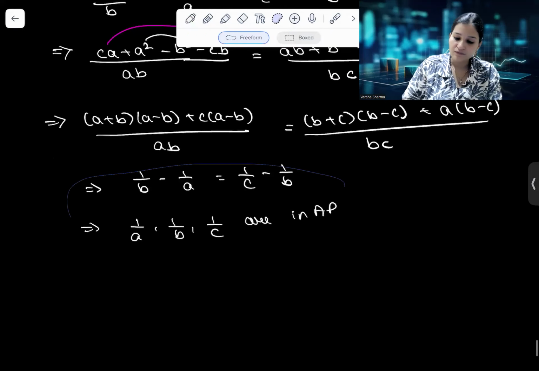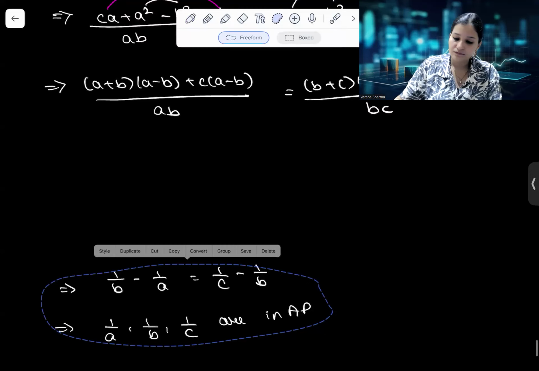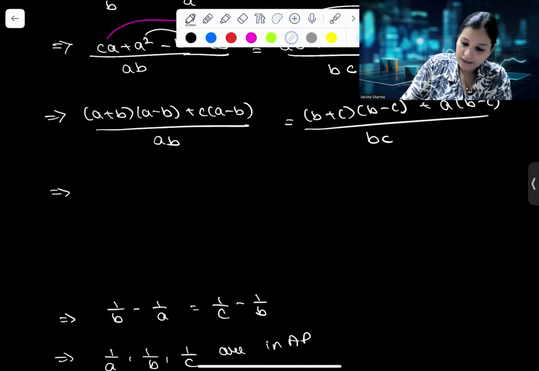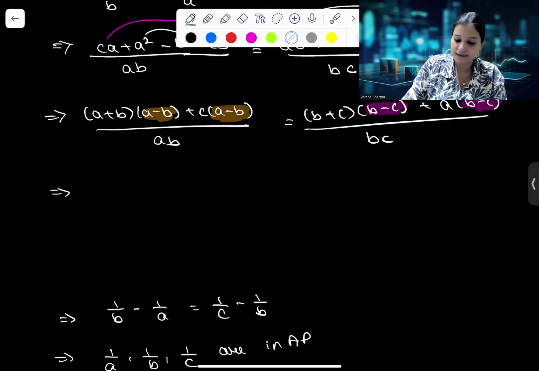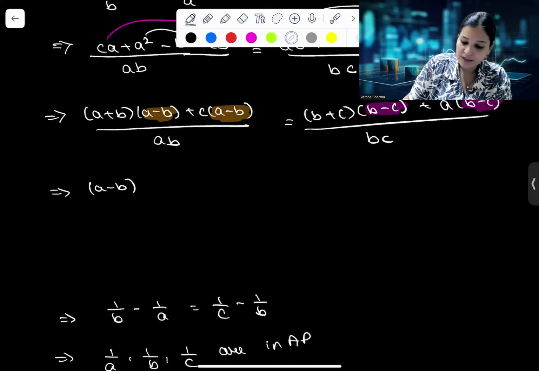Now taking a minus b common in the left side and b minus c common in the right hand side. Taking a minus b common, I'm left with (a plus b plus c) by ab.